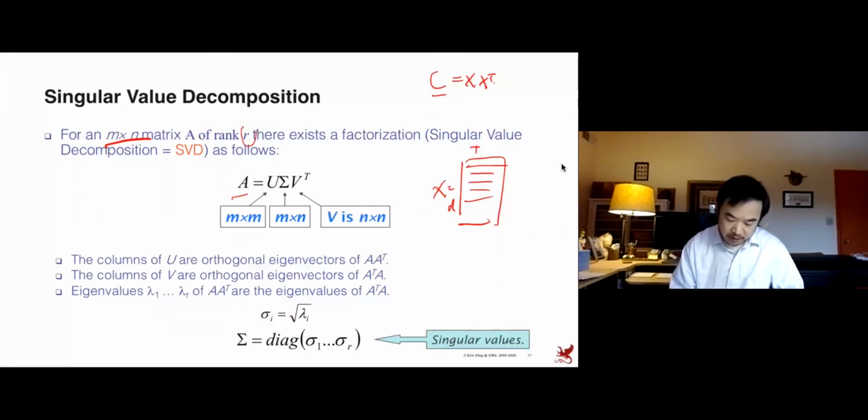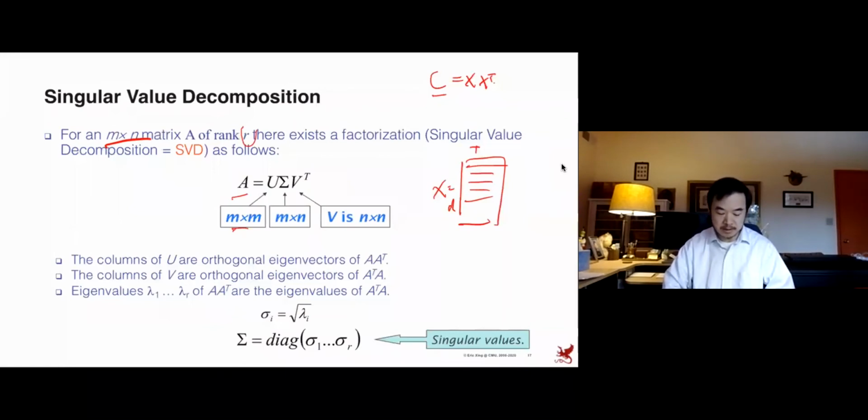It can be written as a U matrix, which is m by m, a square matrix, times an m by n diagonal matrix, times an n by n square matrix.